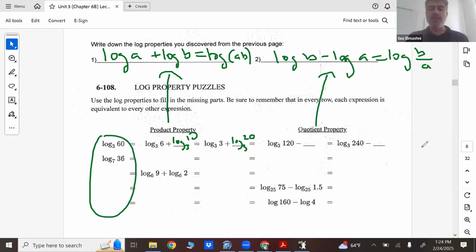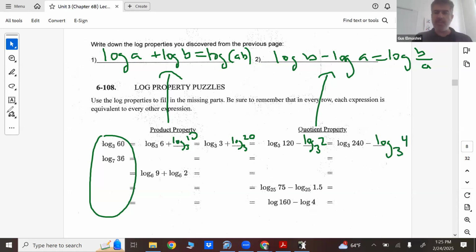Got it. Okay. So if you have a minus, what would you divide 120 by to get to 60? 120 divided by what number gets you 60? 2. And then what number do you divide 240 by? So 240 divided by what number gets you 60? Close. 4, right?